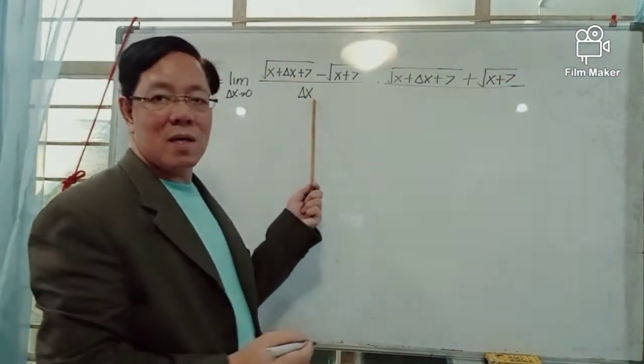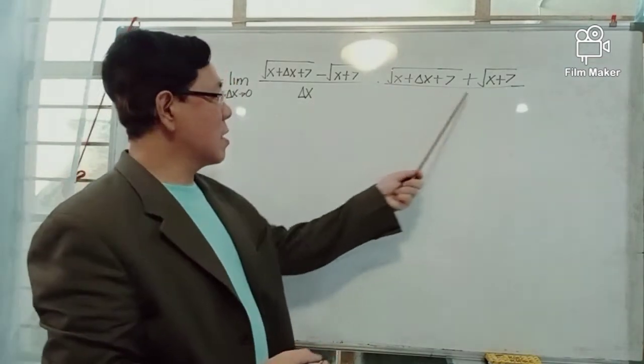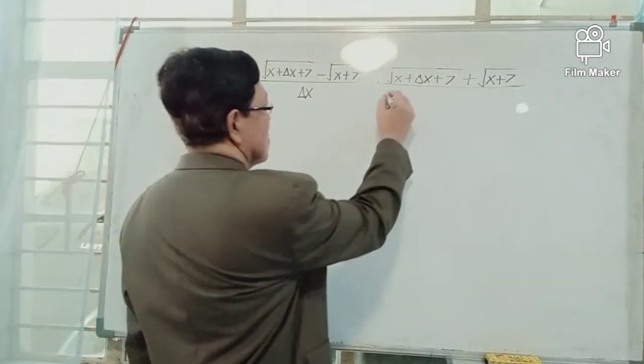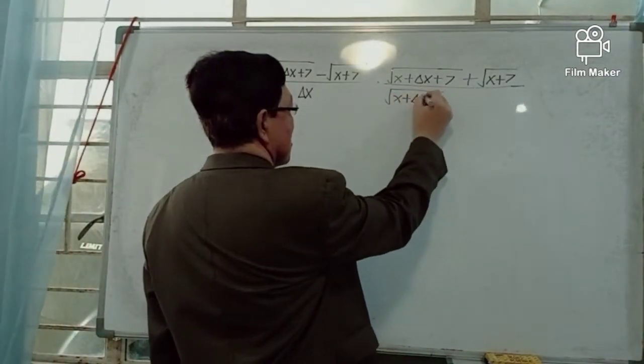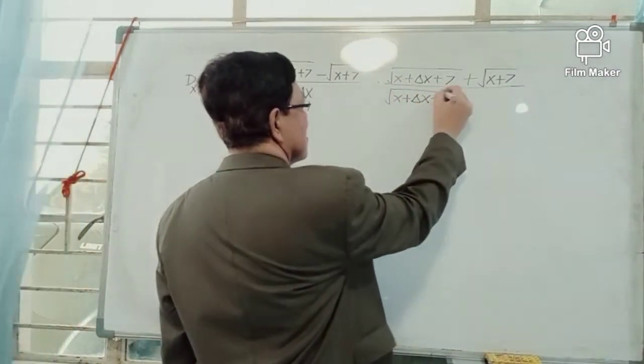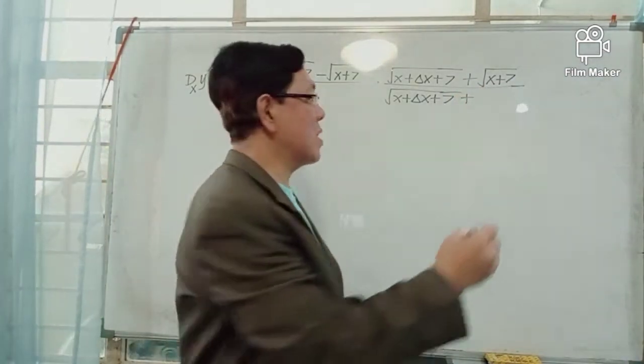And we multiply the denominator also by the same expression, the sum of the square root of x plus delta x plus 7 plus the square root of x plus 7.